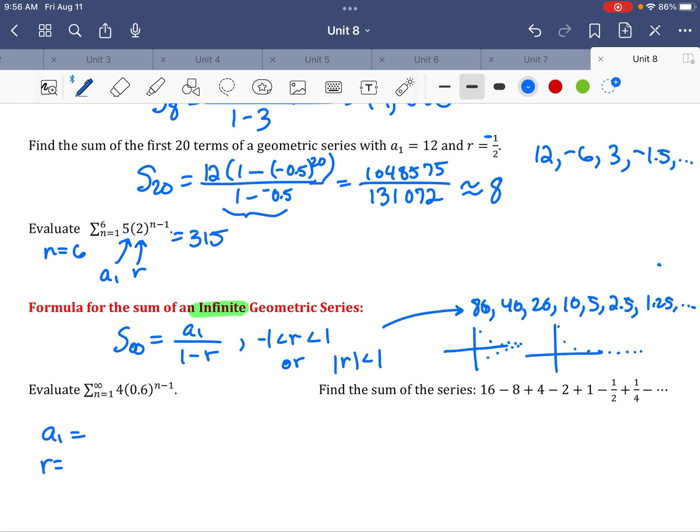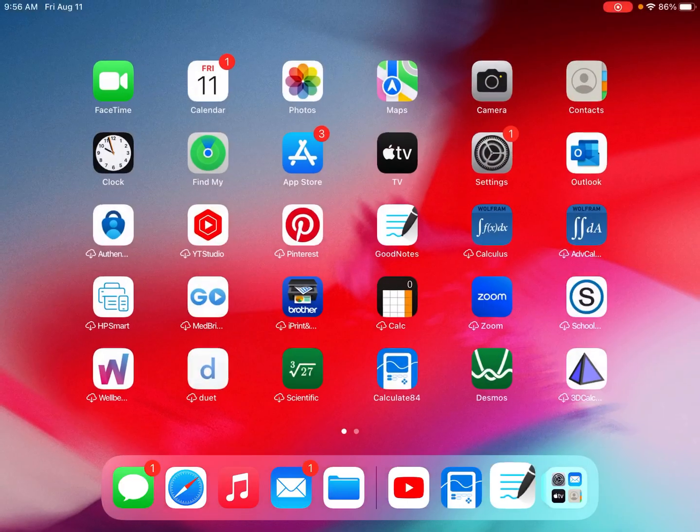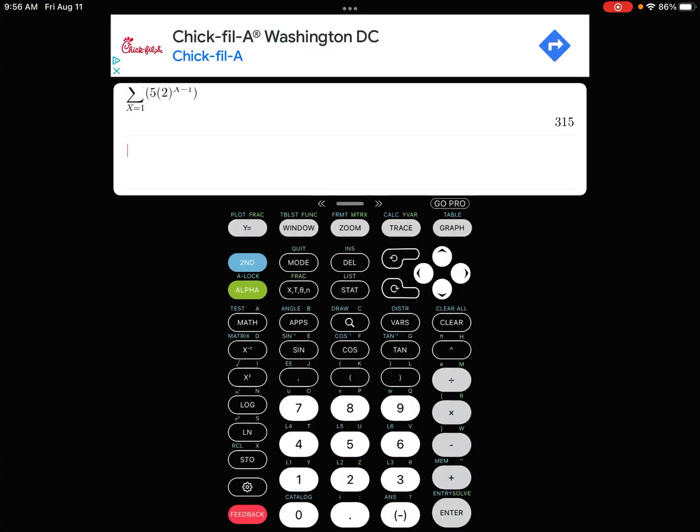Okay, well, here we go. And look right here, I have this infinity, so I know to do this formula. So my sum to infinity, A1 is sitting right here, so 4, and R is 0.6. So it's taking a pattern. 0.6 is small enough, right? It's less than 1, or it's between -1 and 1, and it's multiplying by 0.6. So let's do that a little bit. 4 times 0.6.